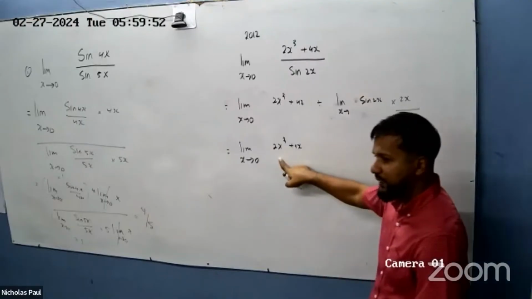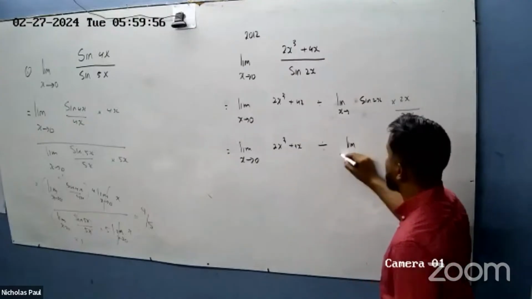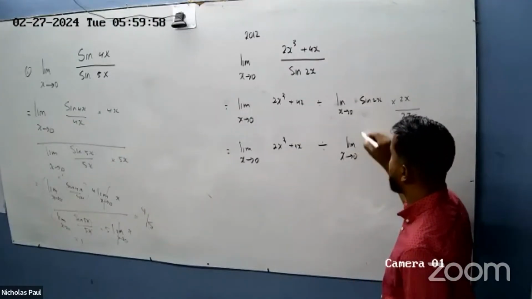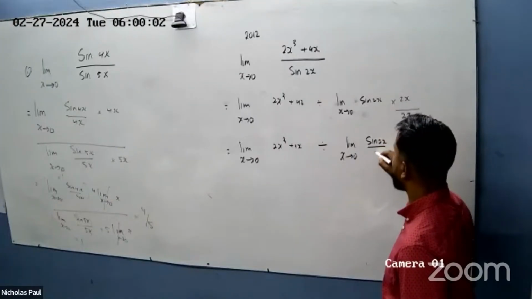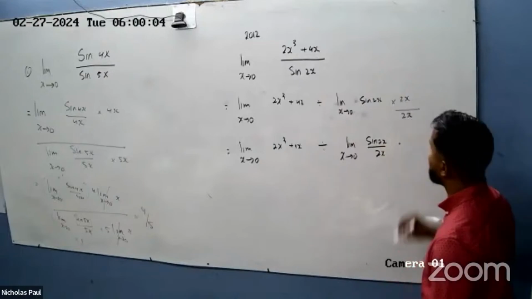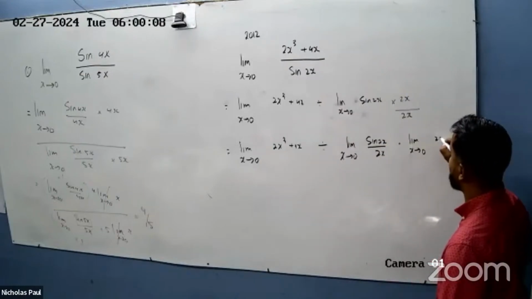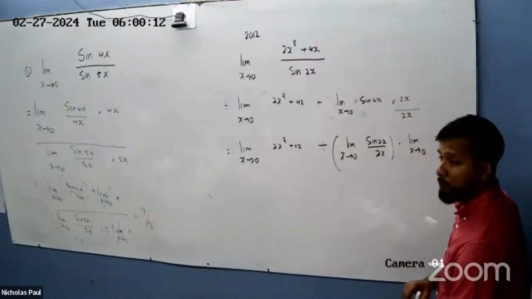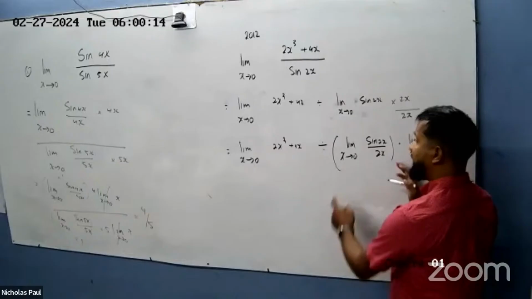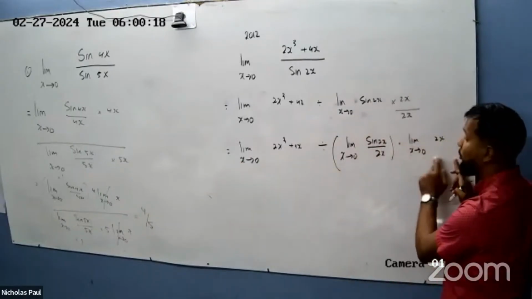But in case you didn't see it, I'm leaving it like this, divided by the limit as x approaches 0 of sine 2x on 2x, multiplied by the limit as x approaches 0 of 2x. What will happen here? That's 1, right? So you're going to end up now with this divided by this. Go plug in 0, right?